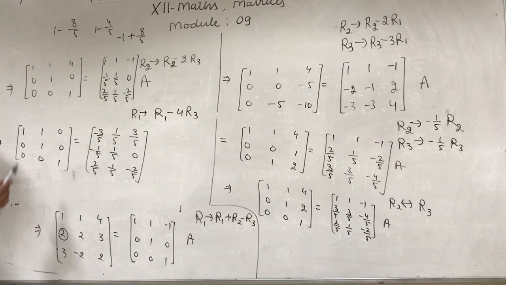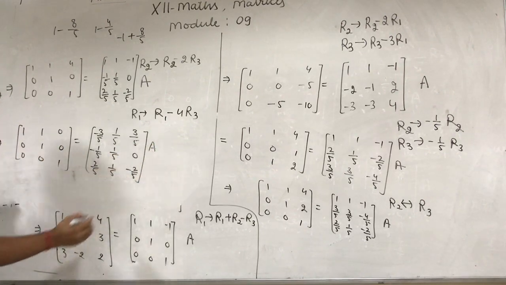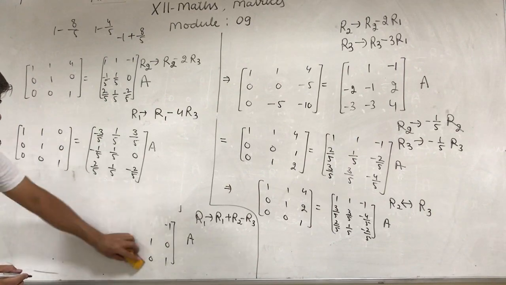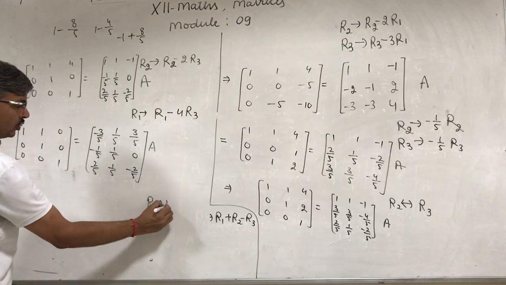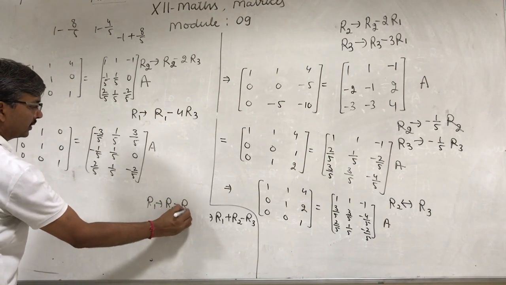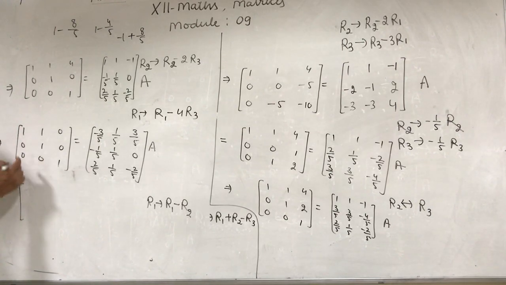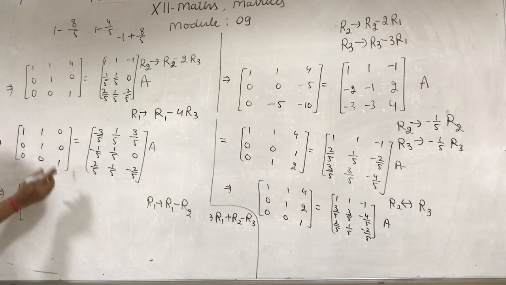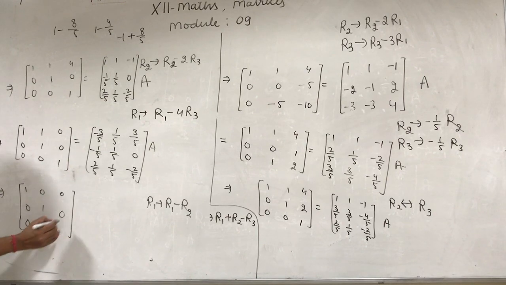And now we will make this 0. So we will apply here R1 change to R1 minus R2. This will become 0. So this will become 1 minus 0, 1. 1 minus 1, 0. 0 minus 0, 0. 0, 1, 0. 0, 0, 1.